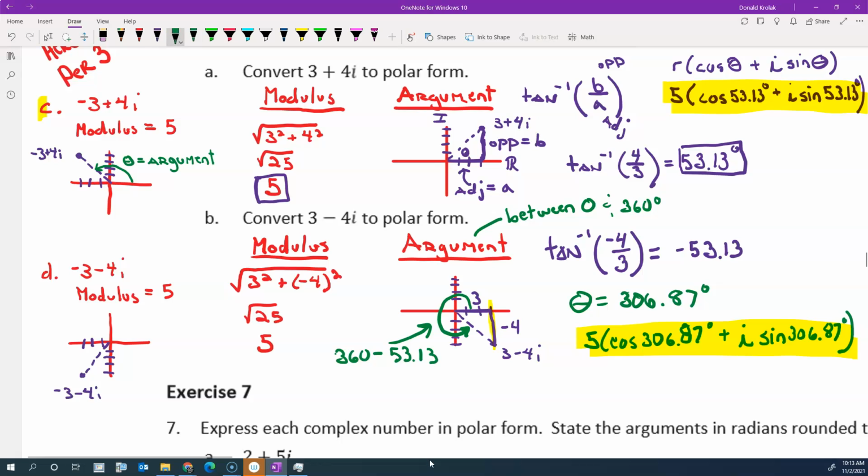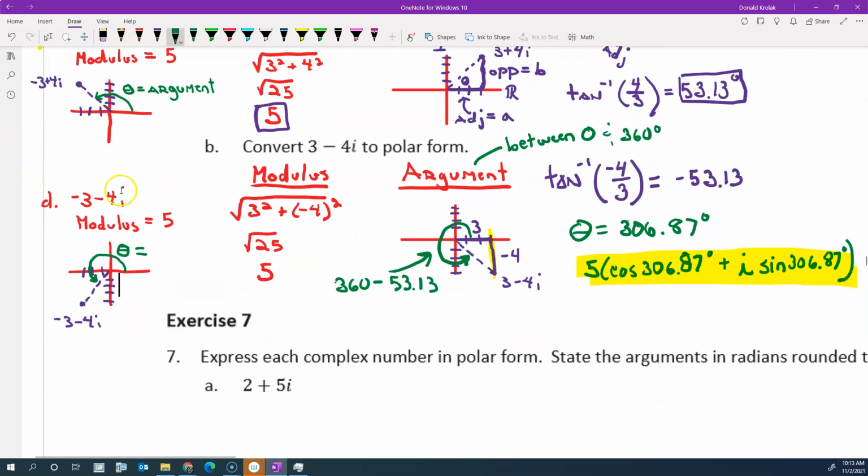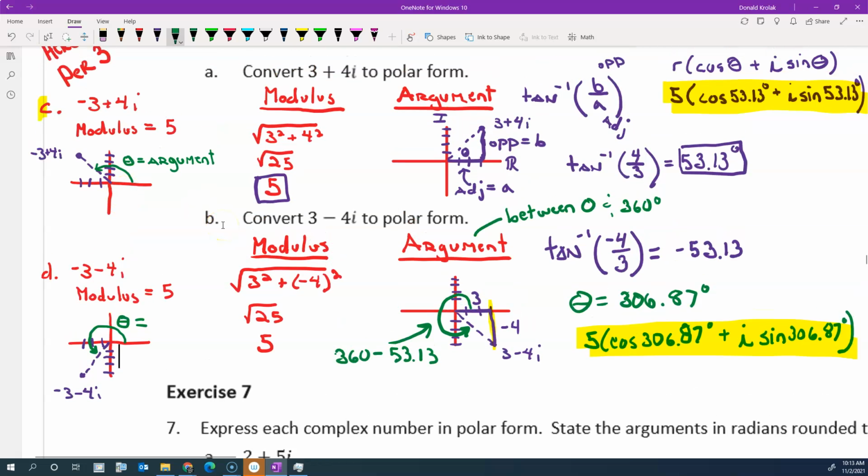And now our argument for that would be that angle. Okay? So those angles don't show up on your calculator.